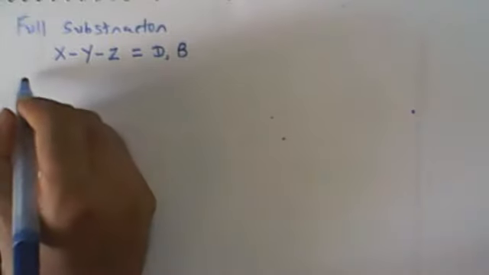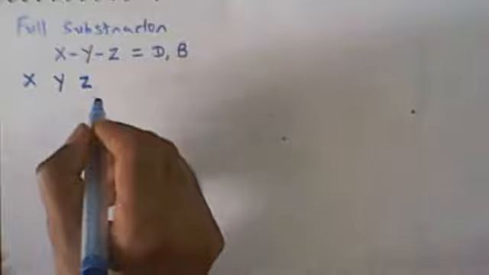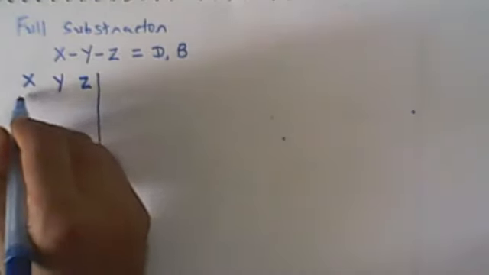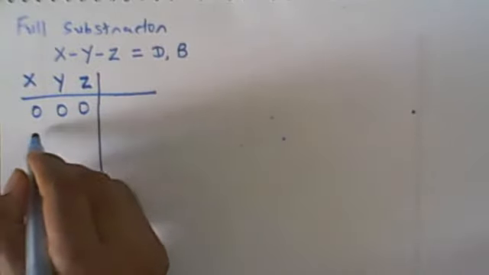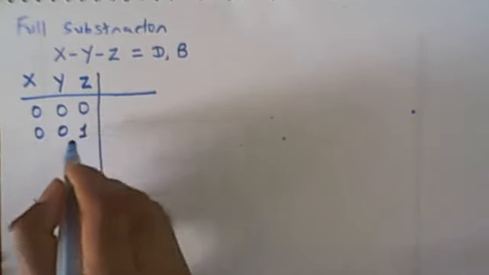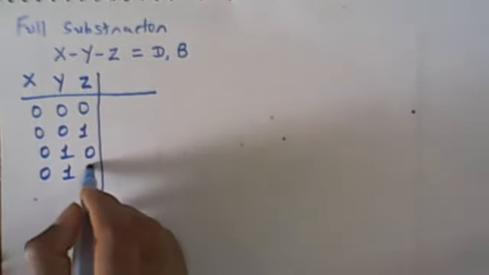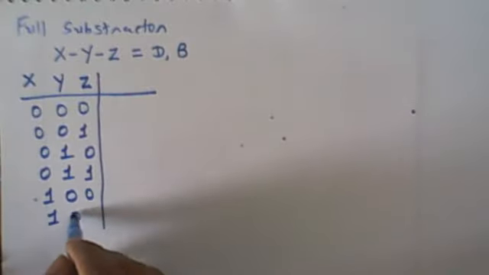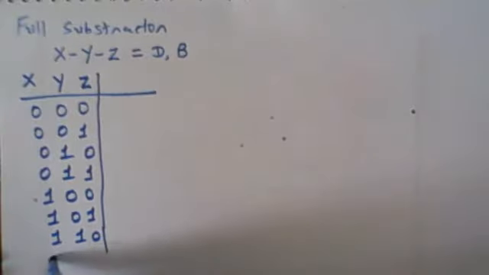So for the 3 input variables, let's prepare the truth table. For the 3 input variables, we have 8 possible combinations: 000, 001, 010, 011, 100, 101, 110, and 111.